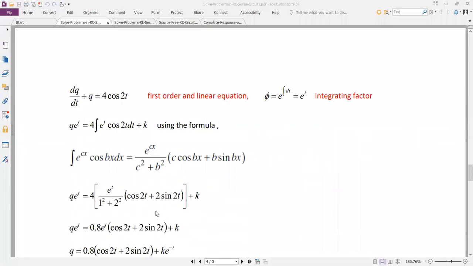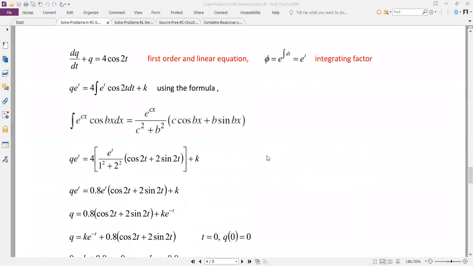I have given you a similar scenario also, that you have to integrate an exponential function together with a trigonometric function in this case. Now, you have here a more generic formula that will not lead you to do double integration by parts, if you don't want to process it that way. This is already a pre-derived formula for double integration by parts.